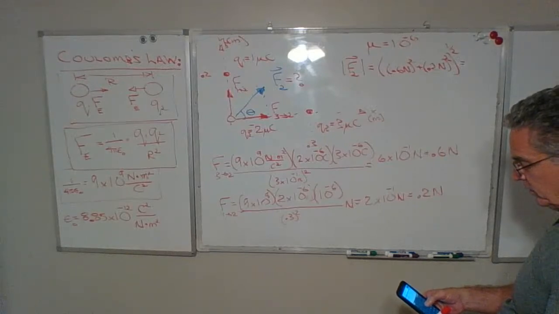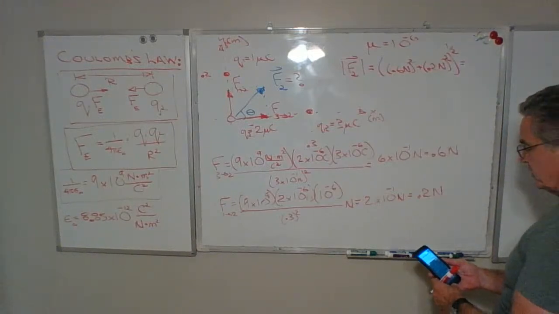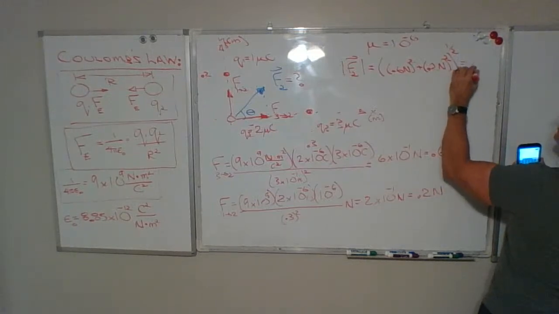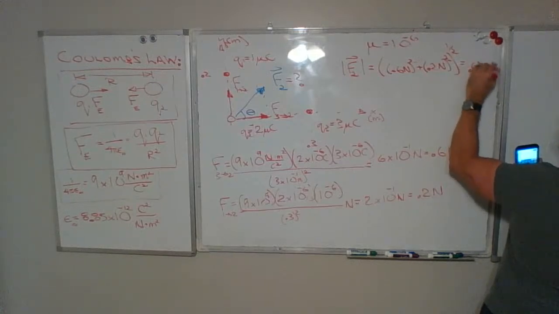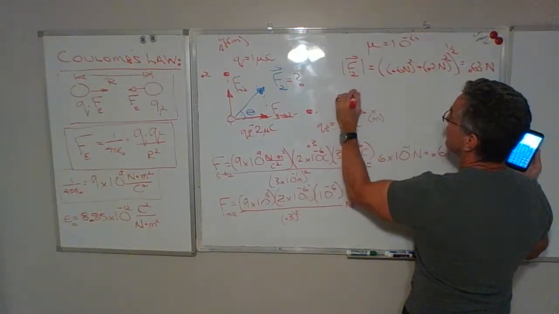And take the square root. And I get 0.632. Just call it 0.63 newtons.